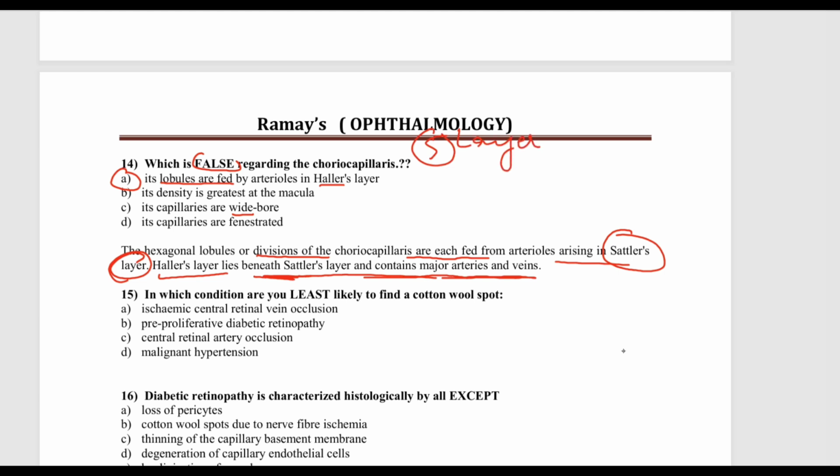First one is not the Bowman's, it is Bruch's membrane. Second one is the choriocapillaris.